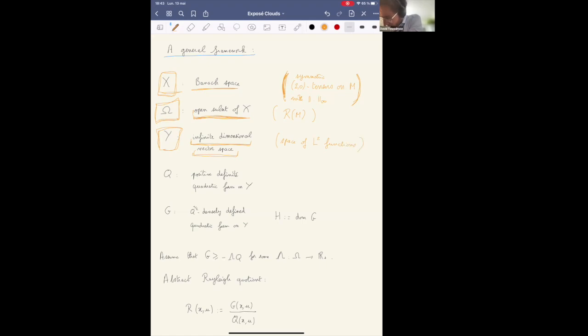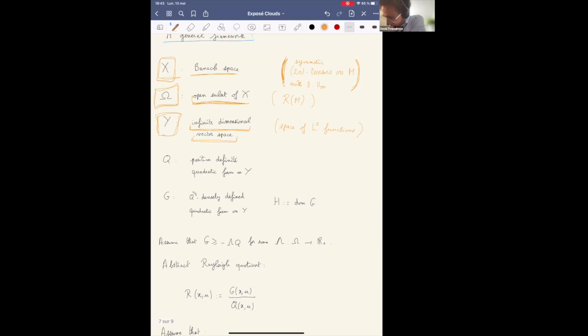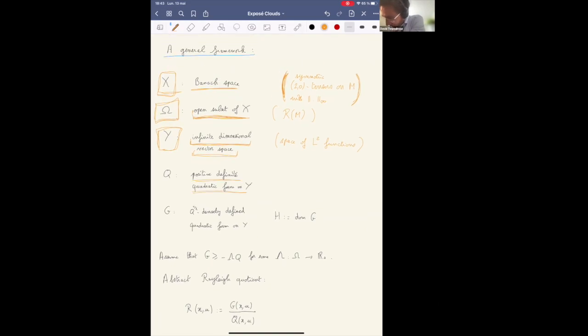And on this space of L2 functions, we define a positive definite quadratic form, which we call Q, and that plays the role of the L2 norm.